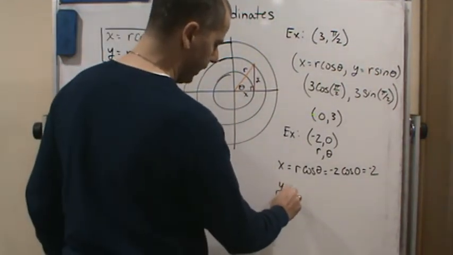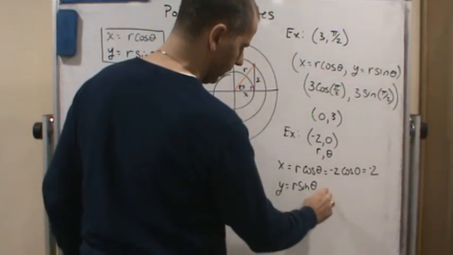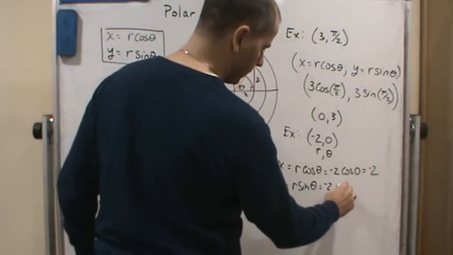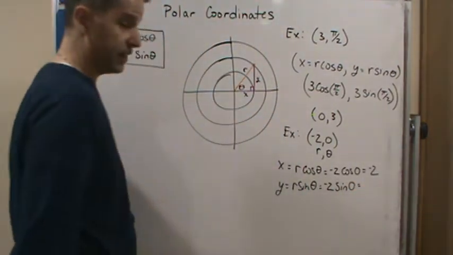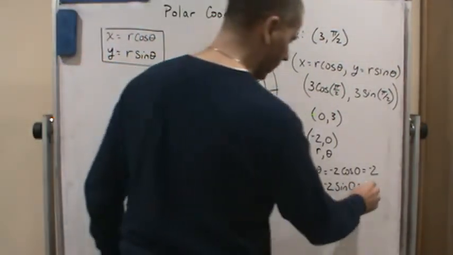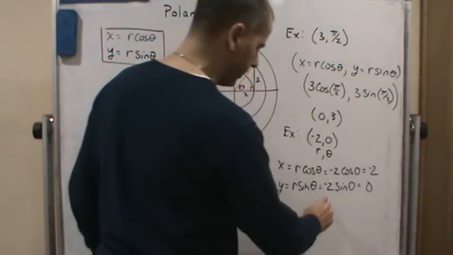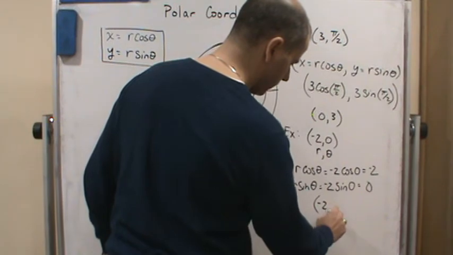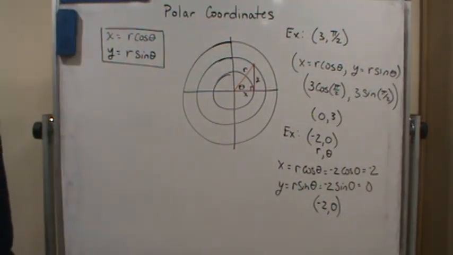And then y equals r sine theta, which is negative 2 times sine 0. Well, sine of 0 is 0, so this is going to end up being 0. Well, look at that. This actually gives you the same numbers. Now, be careful. It won't always do that.